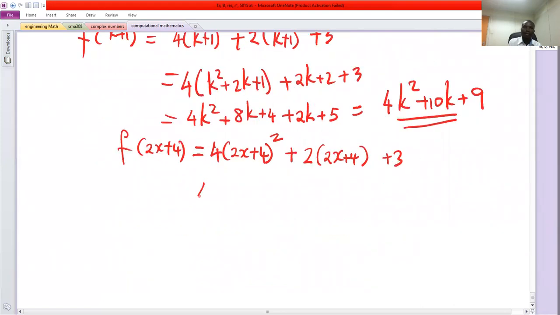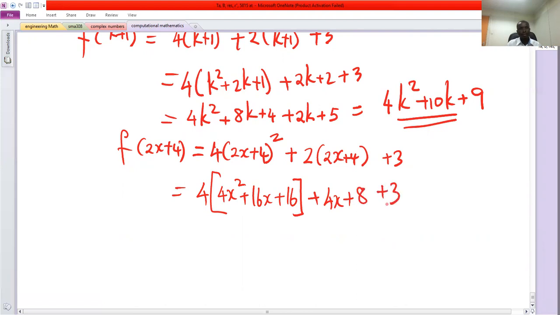So we'll have 4 into 4x squared plus 16x plus 16 plus 4x plus 8 plus 3.